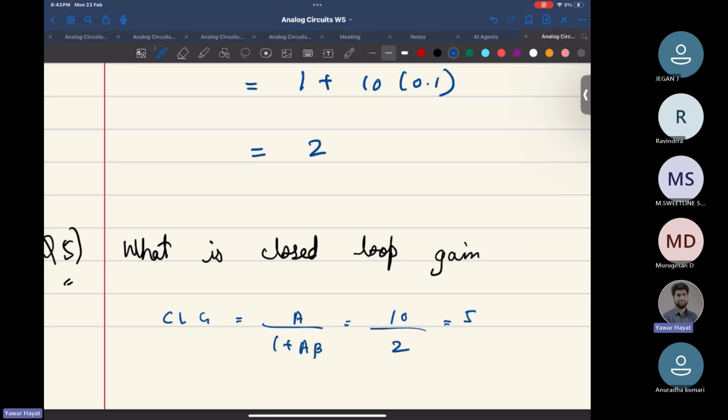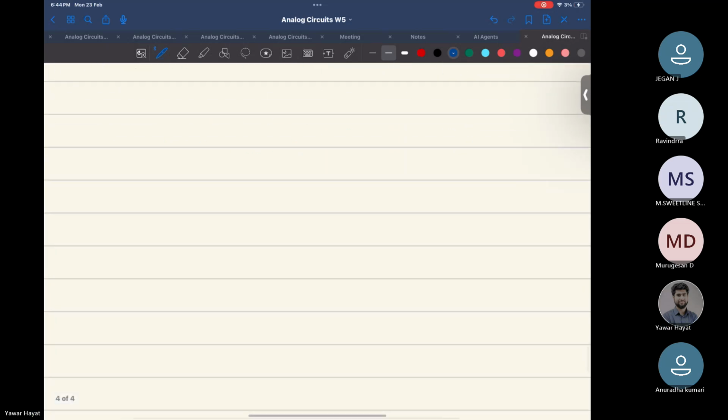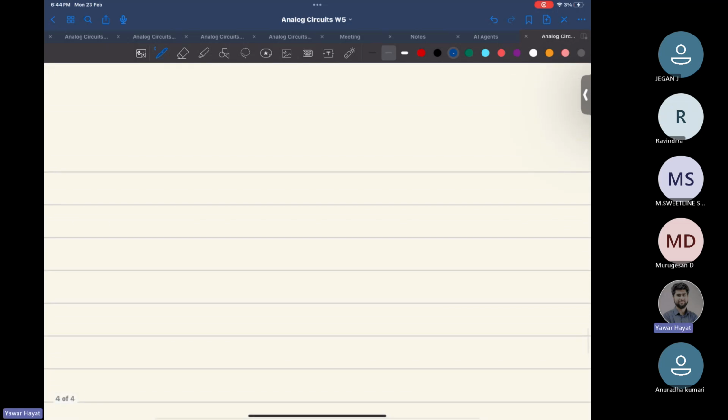Now let's consider another one. Let's consider an op-amp now.